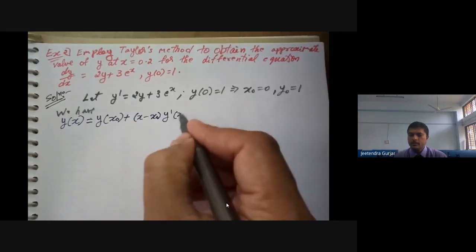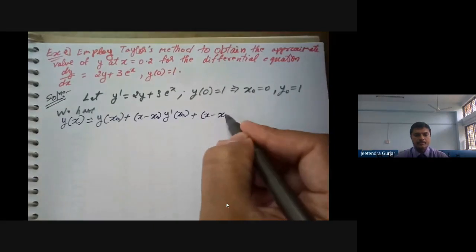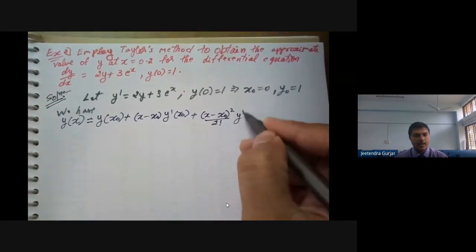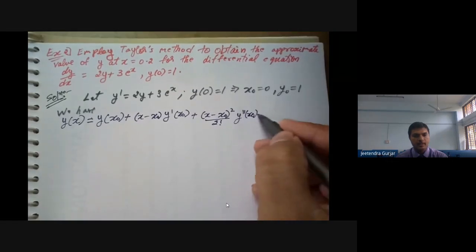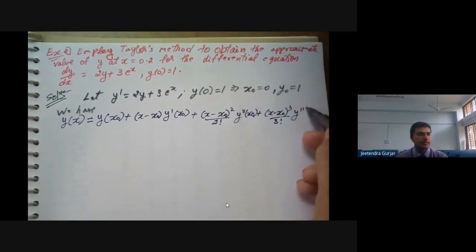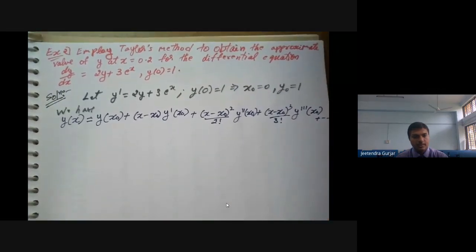So I'm going to write the formula here, that is y of x is equal to y of x naught plus (x minus x naught) y dash of x naught plus (x minus x naught) square by 2 factorial y double dash of x naught plus (x minus x naught) cube divided by 3 factorial y triple dash of x naught, dot dot dot. So this is the Taylor series expansion you are going to use.